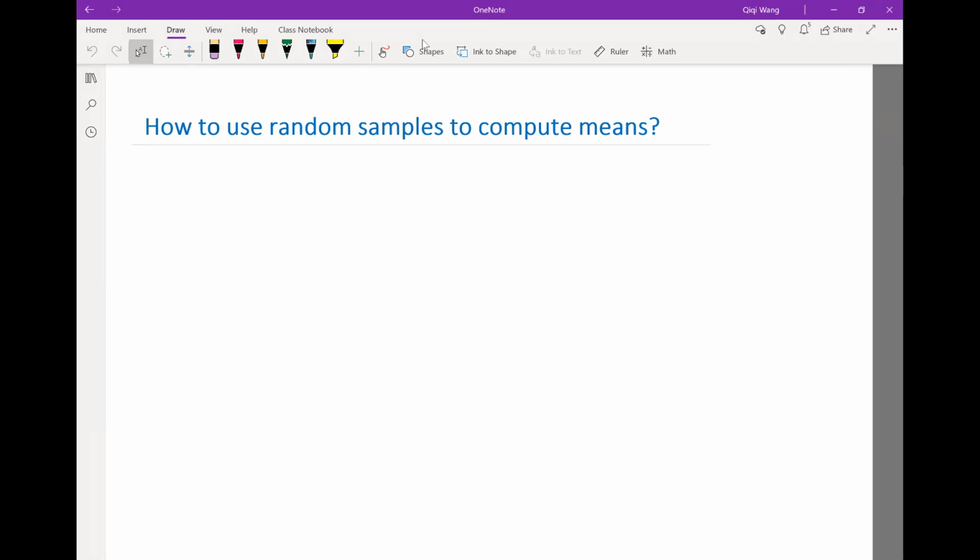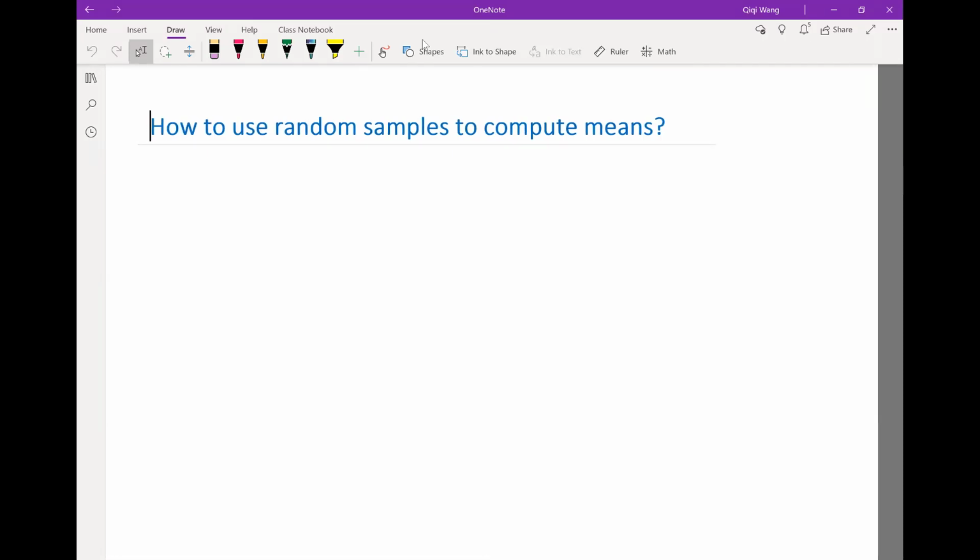Remember, we discussed last week that the probability of an event A, where A is an event if it's a subset of the probability space, is equal to what I call the expectation, which is the mean of the indicator function I_A, where I_A is a random variable.